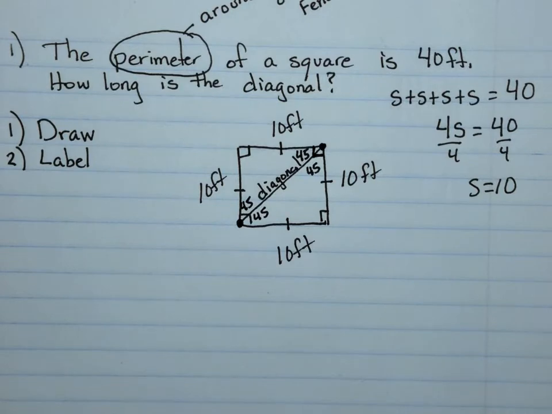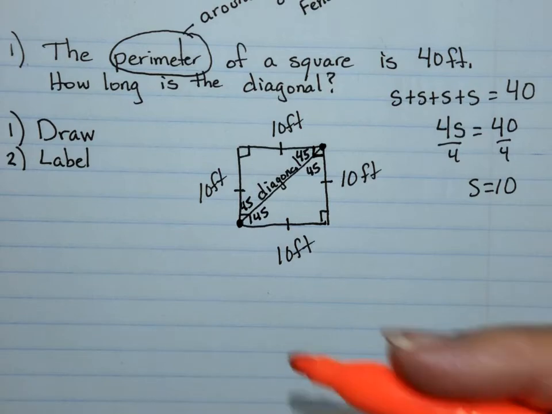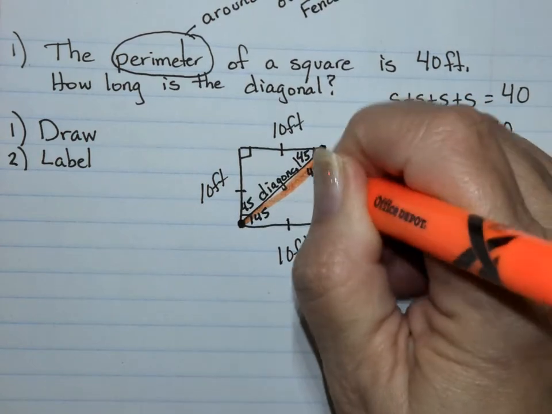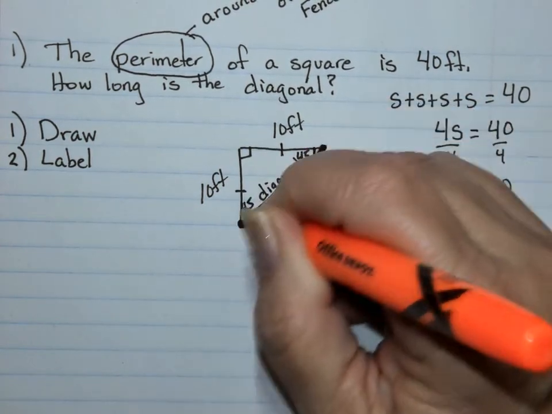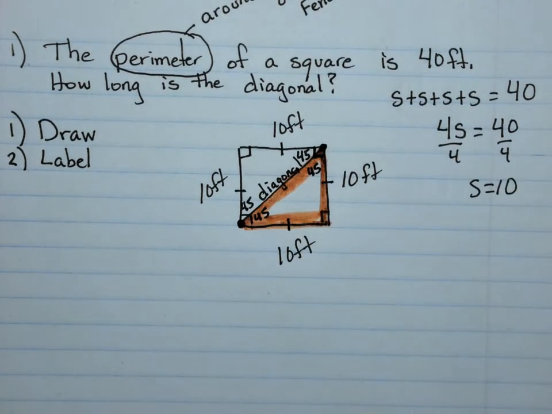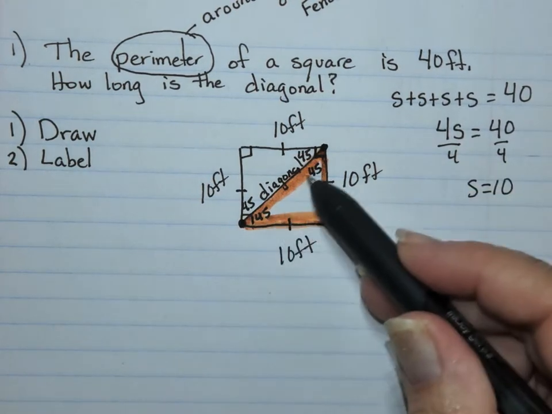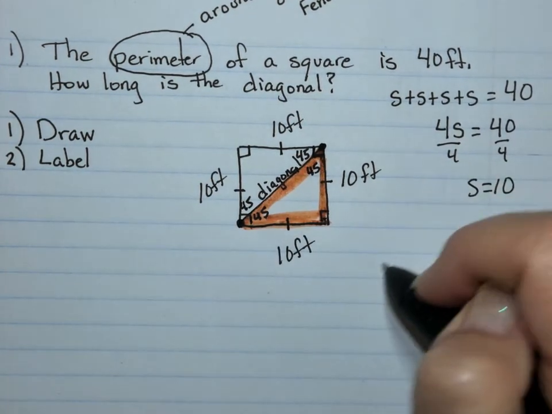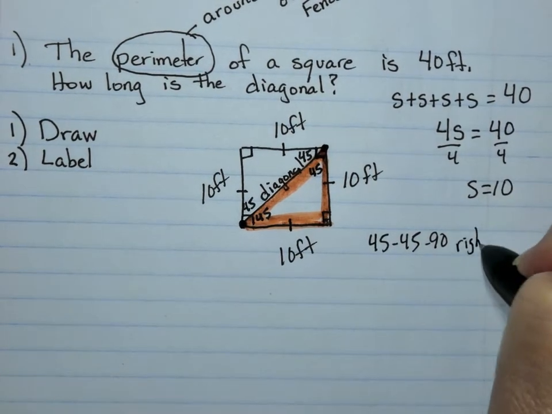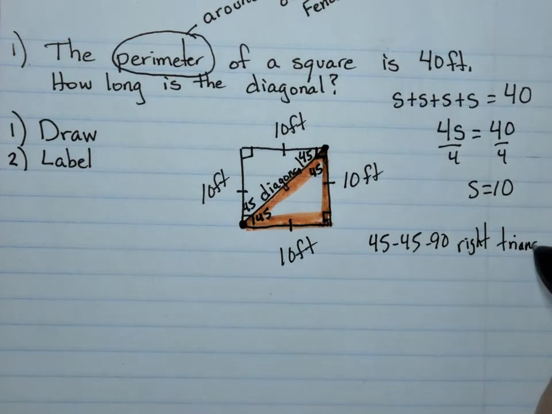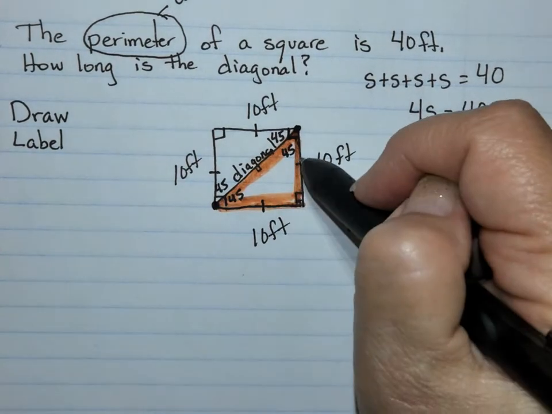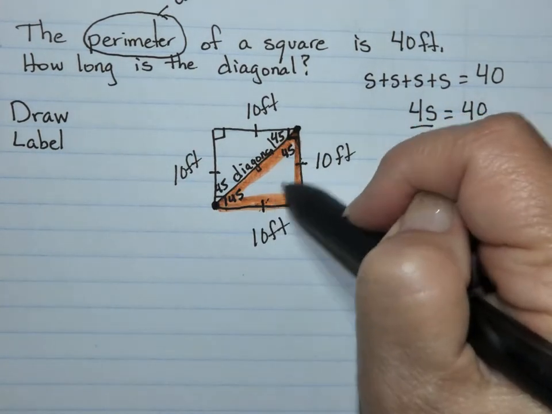Oh, now it's looking like something we did yesterday, right? And so now, I don't even really care about the whole square. I'm just going to look at this triangle. Do you see you have a 45, 45, 90 right triangle? And these are my two legs that are congruent.